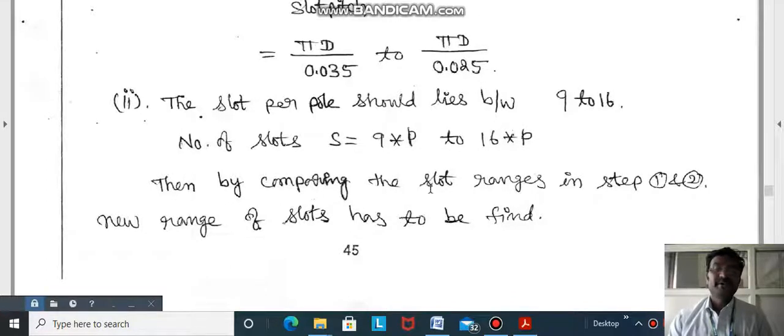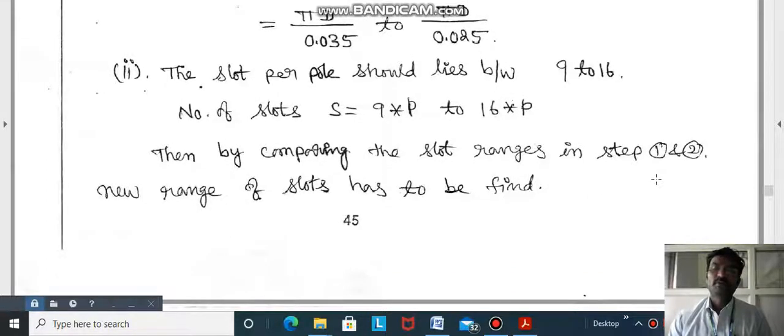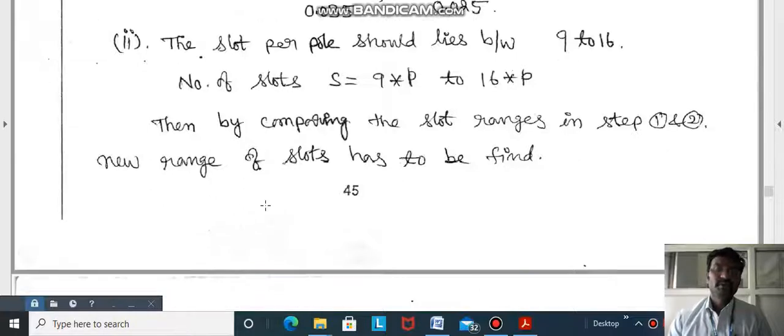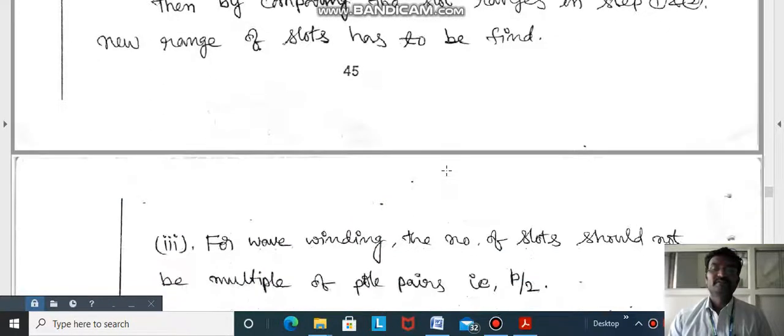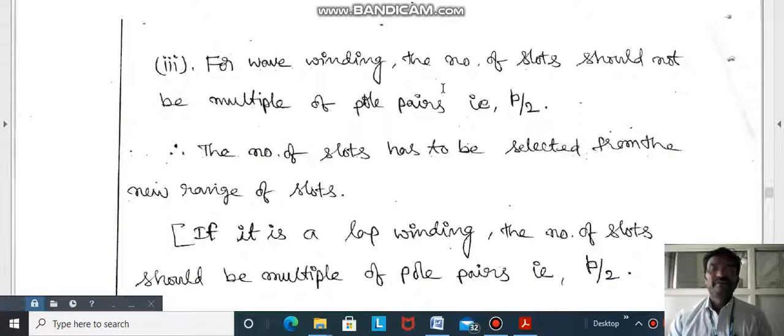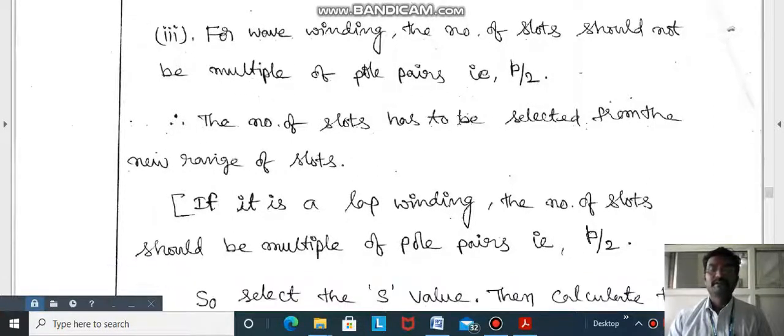Then by comparing the slot ranges in step 1 and 2, a new range of slots has to be found. For wave winding, the number of slots should not be a multiple of pole pairs, that is P by 2. The number of slots has to be selected from the new range of slots.